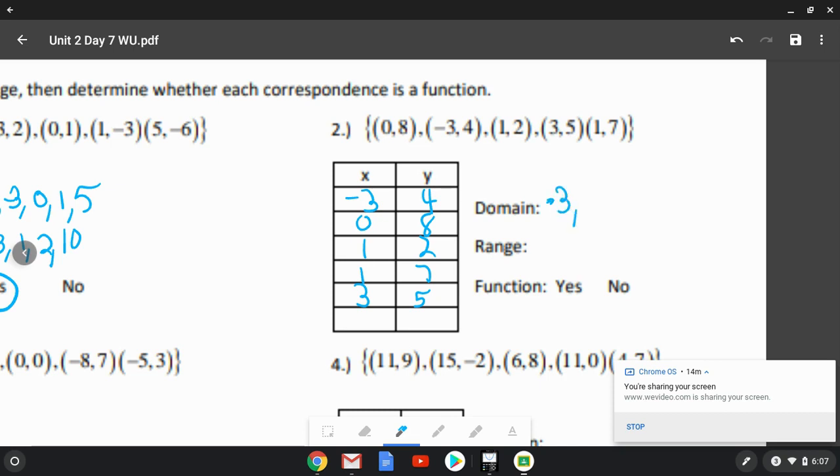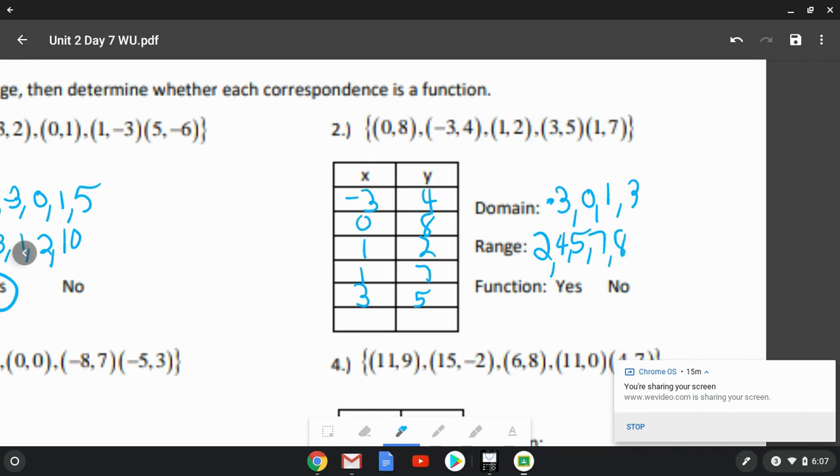So I have -3, 0, 1, and 3. You don't have to write the 1 twice. If you see it twice, you just have to write it once for your domain and range. My range in smallest to biggest is 2, and then 4, 5, 7, 8.